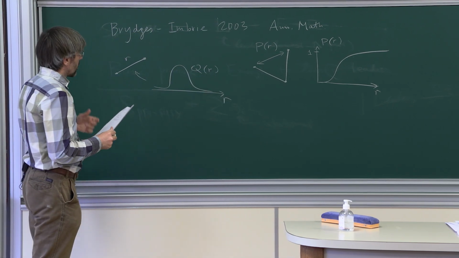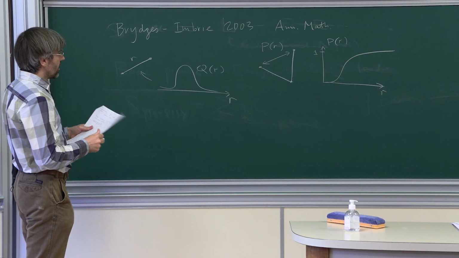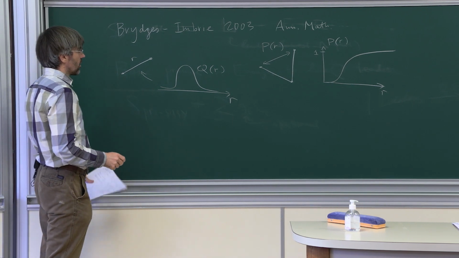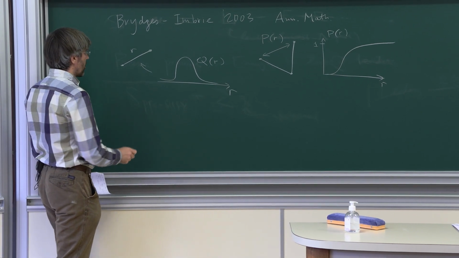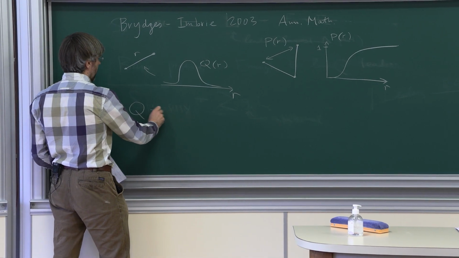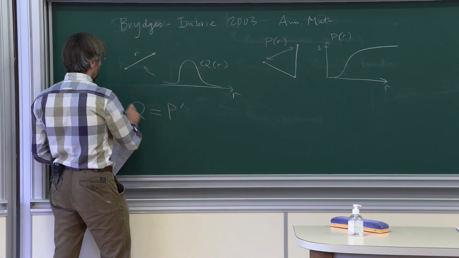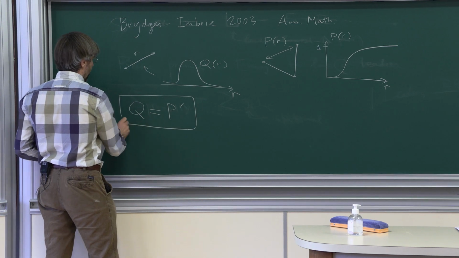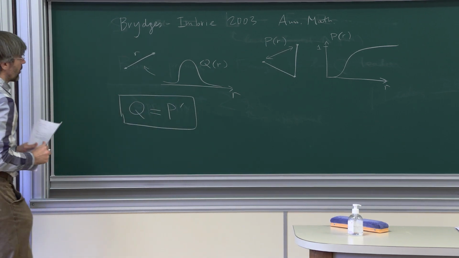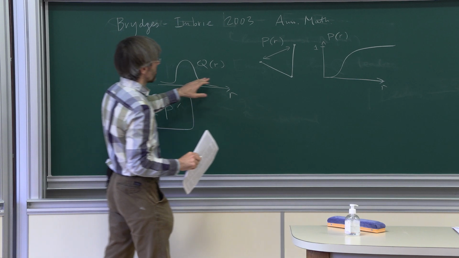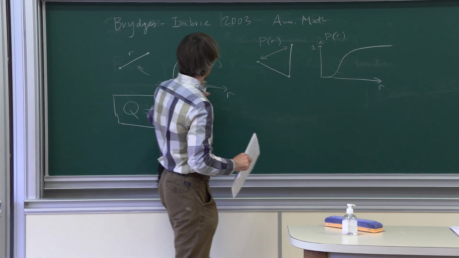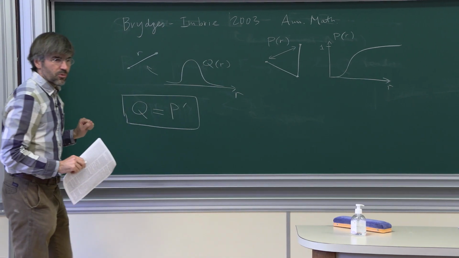And so Brydges and Imbrie considered a particular class of models of branched polymers where these two functions were related by this formula, Q is equal to P prime. If you look at these two functions, you see that in principle it is compatible to pick Q equal to P prime.